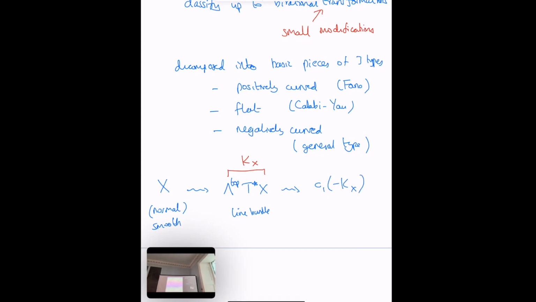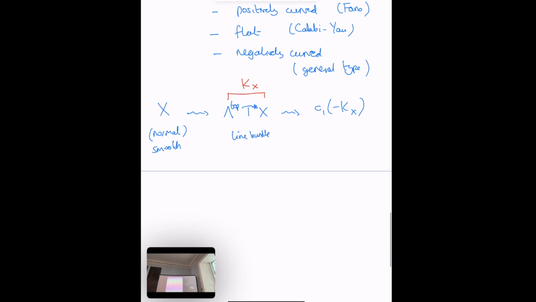So that's a two form, right? So it's a two-dimensional cohomology class. And then there are three possibilities. The three things that I wrote here, positively curved, flat, negatively curved, mean the first Chern class is positive in the Fano case, 0 in the Calabi-Yau case, and negative in the general type case.